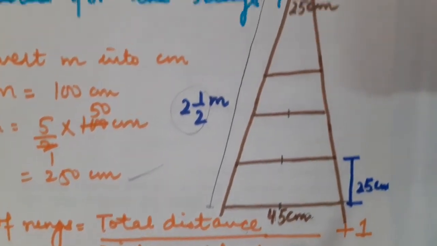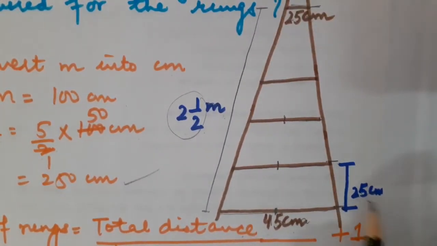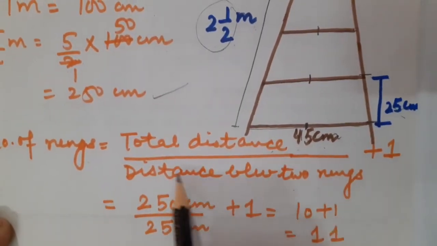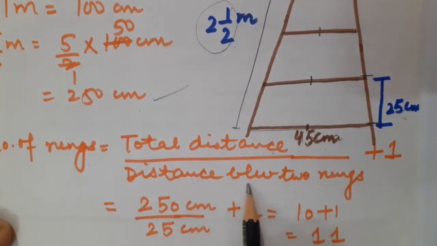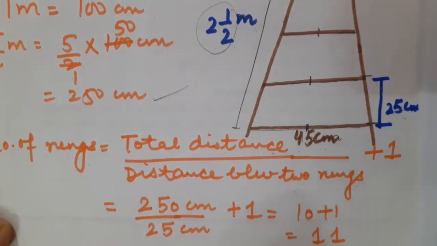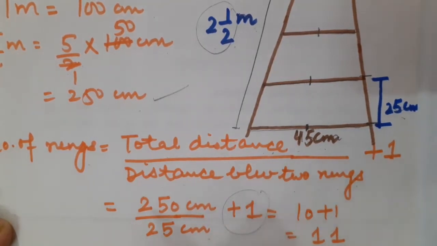Here it is given in the question that the distance between two consecutive rungs is 25 centimeter. As I know the total distance, that is 250 centimeter, and the distance between two consecutive rungs, that is 25 centimeter, then I have to add 1 so that I can calculate the number of rungs.